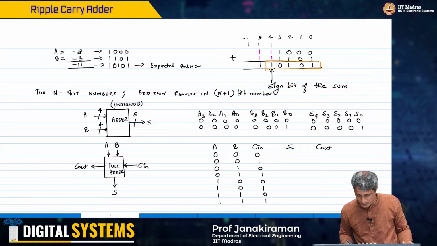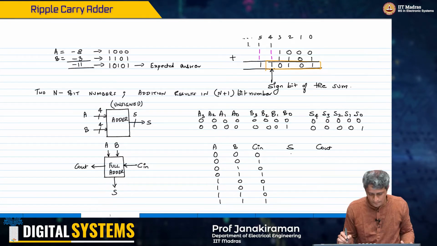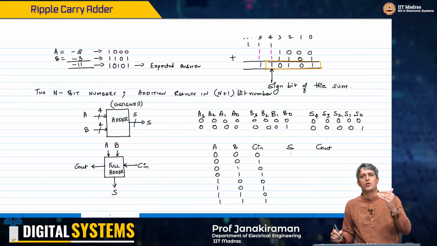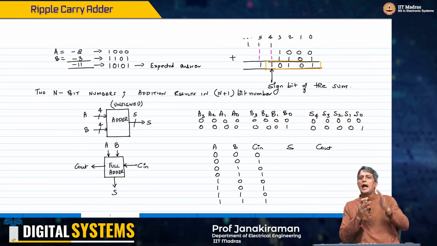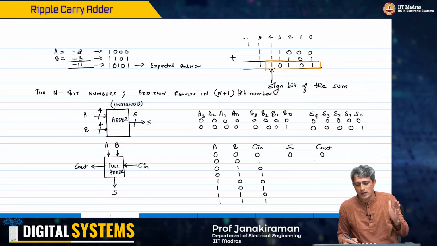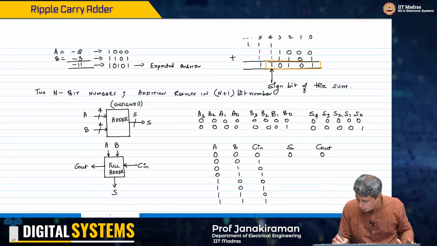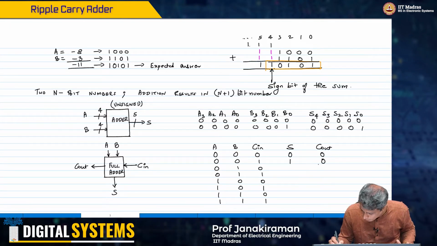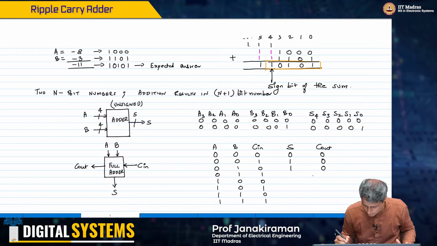Now you just look at the sum. If you add 0 plus 0 plus 0, obviously the sum will be 0 and carry out will be 0. If you add 0 plus 0 plus 1, there is no problem, sum will be 1, carry out will be 0.